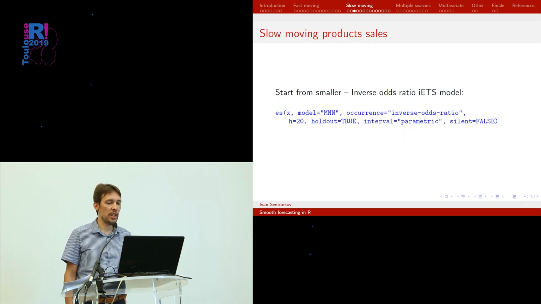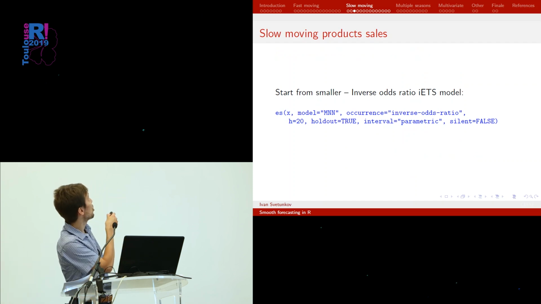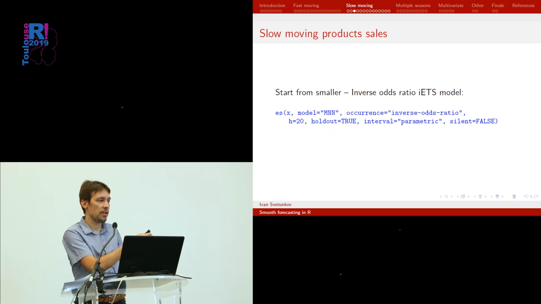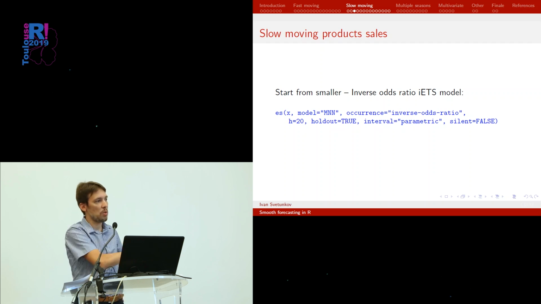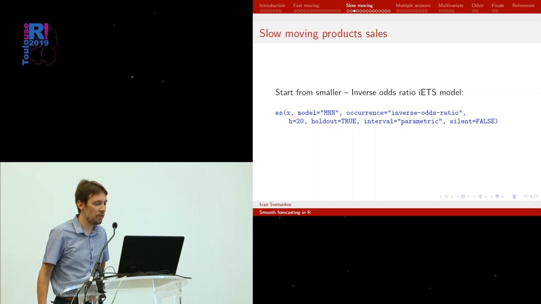What can we do? We start from the smaller thing. This is included in the package, the variable occurrence that tells the function that demand occurrence should also be taken into account. If you're interested in details, there is a vignette on that explaining what the models behind that are. There is a working paper, and there is one paper under revision in IJF.